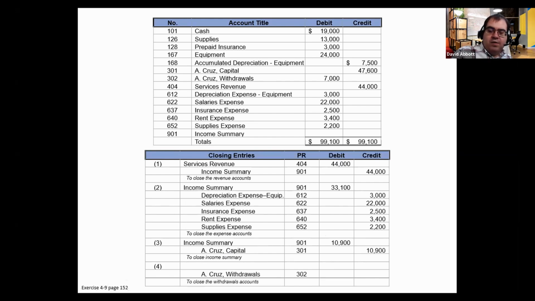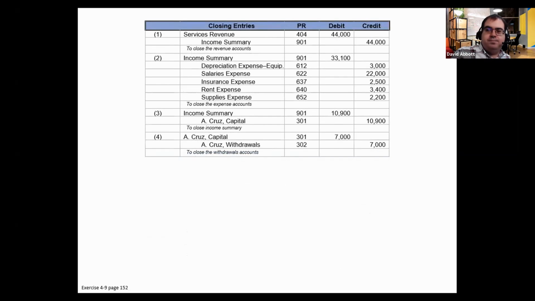Then we'll close out the withdrawals account. A Cruise withdrew $7,000 during the period. And so you have A Cruise Capital, 7,000. We have to debit the capital in order to reduce it. And then you'll credit the withdrawals in order to make that 0 to start fresh for the new period.